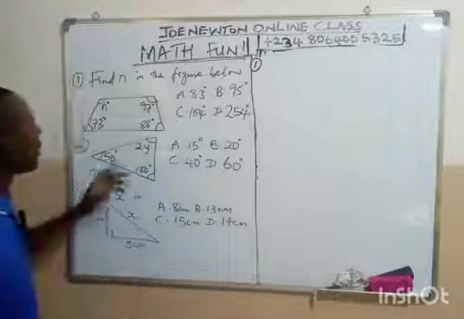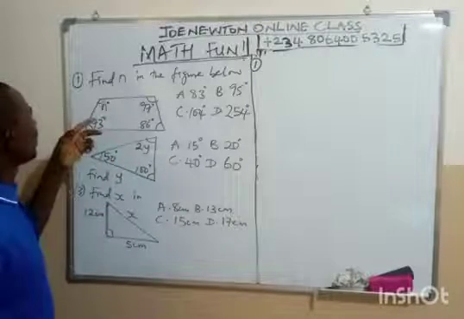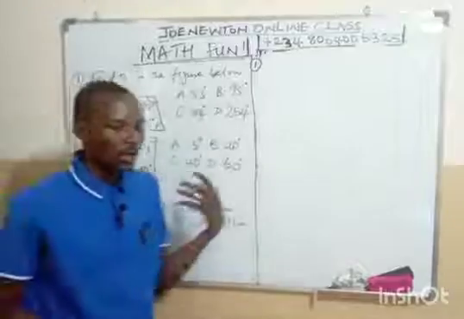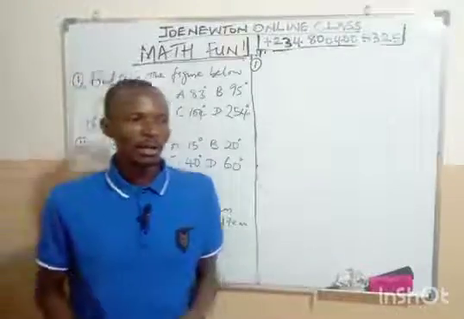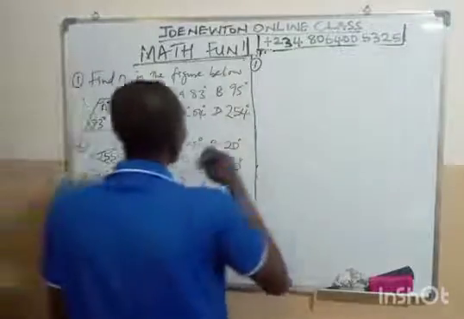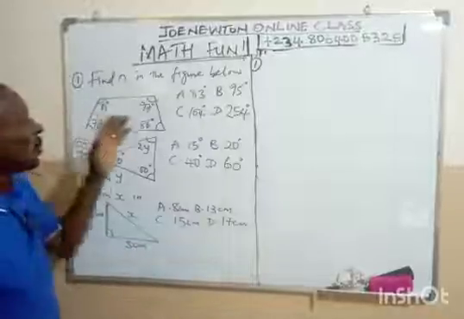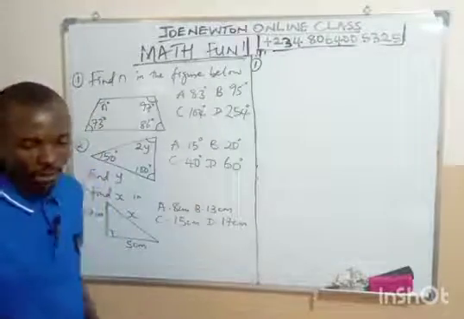So on the board here, we have number one. In this number one question, we are given this figure, these values here. We have to find the value of what? N. Now to find this value of n, all we need to do is sum up what was given and equate it to 360 degrees.